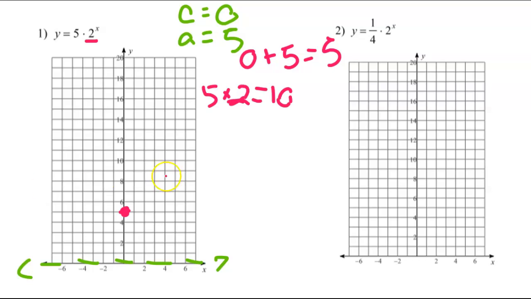I would add that to the asymptote, but the asymptote was 0, so 0 plus 10 is 10. So what I did is I moved forward 1, and then I went up to my new point. Now we're going to take that new point and multiply it by the b value again. My next point, so I go forward 1 again, is going to be 20.